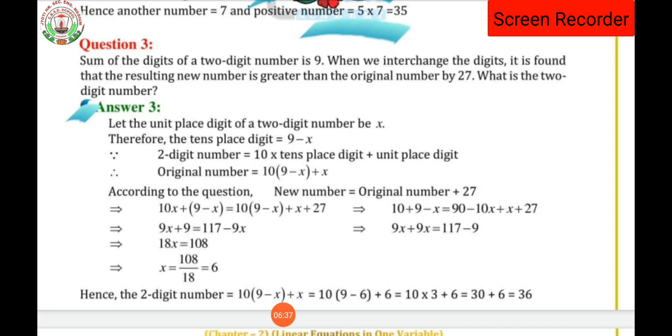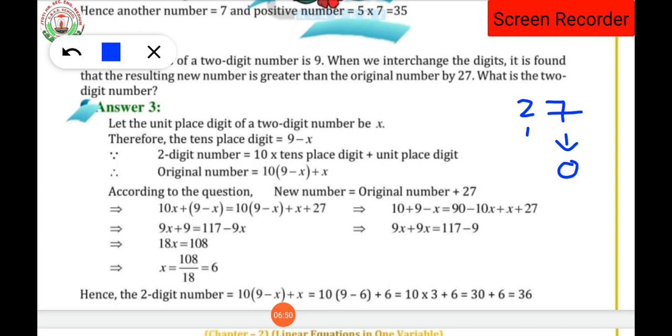So dear students, सबसे पहले ये समझ लो, when we are expanding some number, suppose I am having a number 27. What is the ones place value? 7. What is the tens place value? 2.